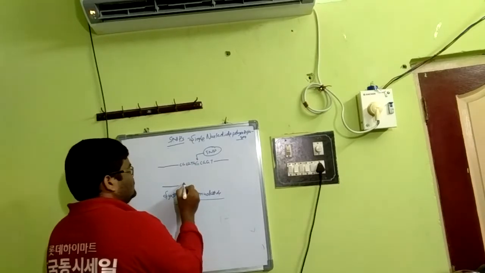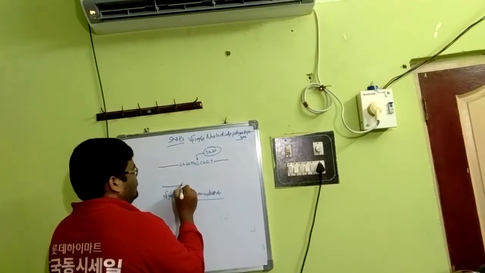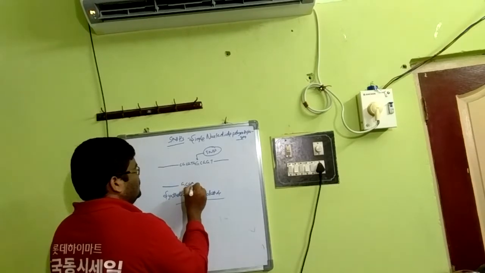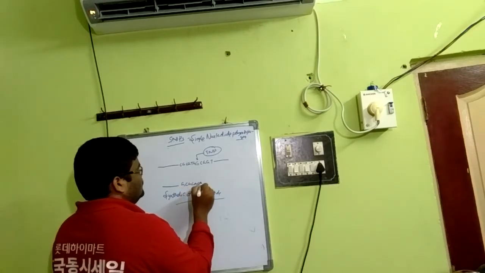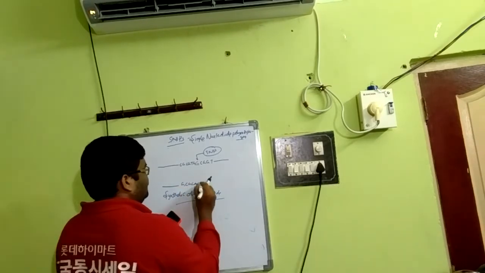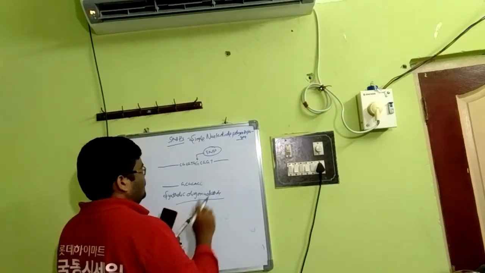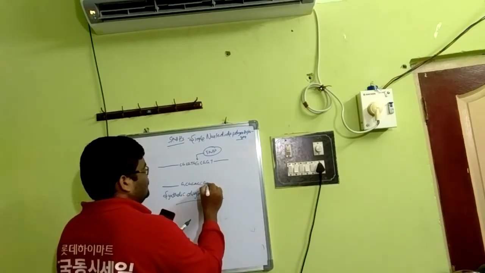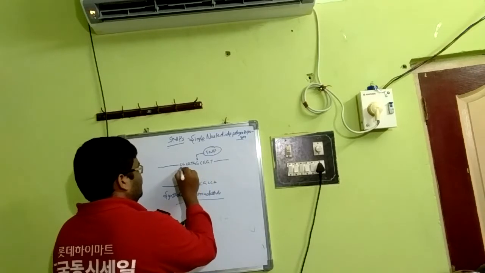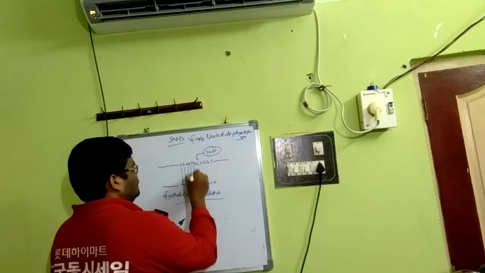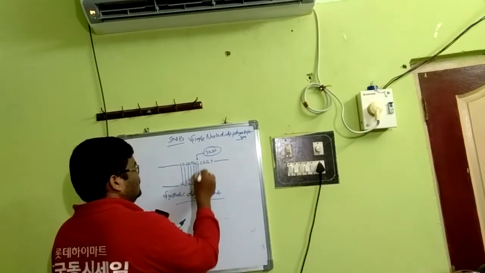Say this is G, C, G, C, A, C, then C, G, C, C, A. This is very important.